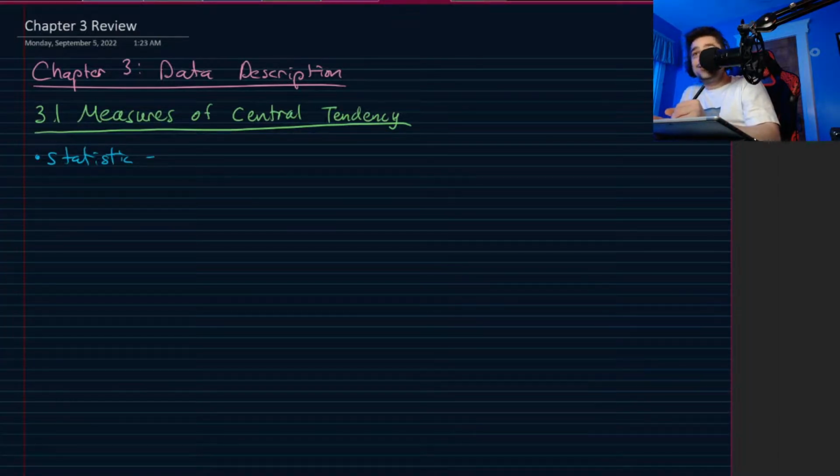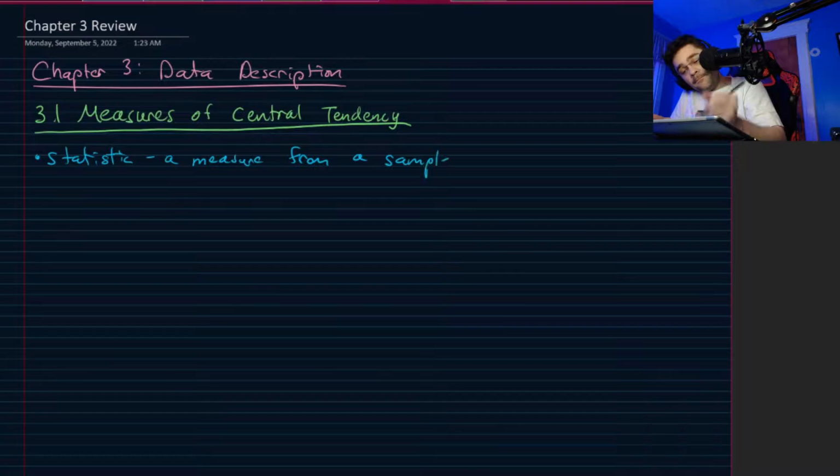So a statistic is a measure from a sample. And when talking about the whole population, it's called a parameter.